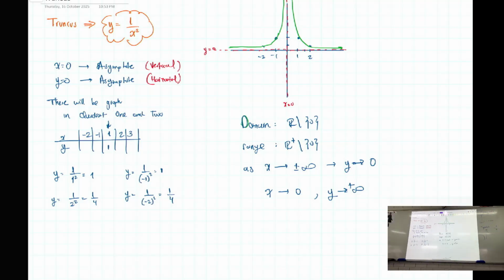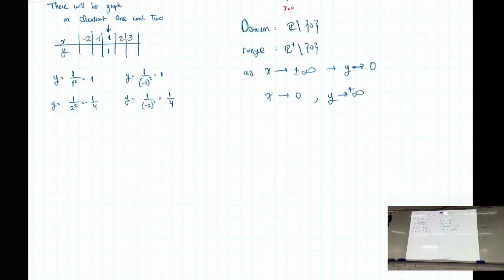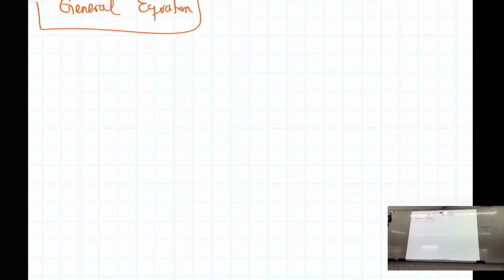Now, again, similarly with my other transformations, I can find the general equation. The general equation will involve the translation, so that will look like y equals a over (x minus h) squared plus k. All right? Now, remember, it has similar properties to the hyperbola. What do you think k will do here? It will be a vertical shift, right?